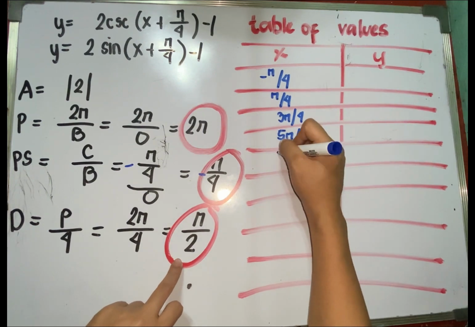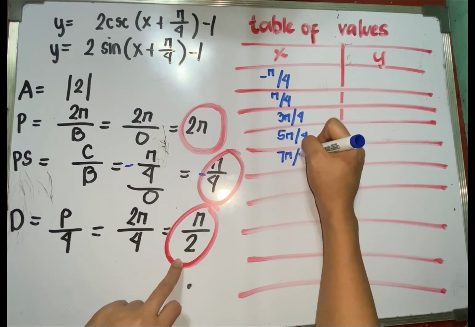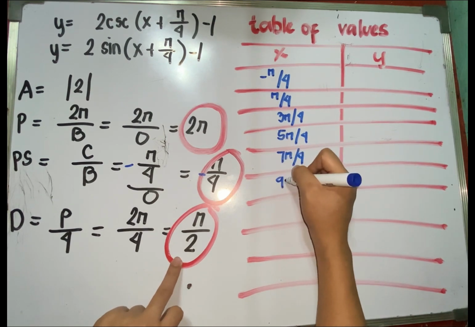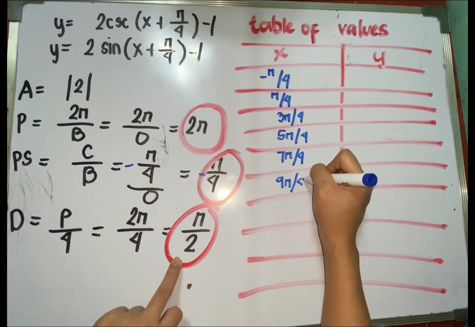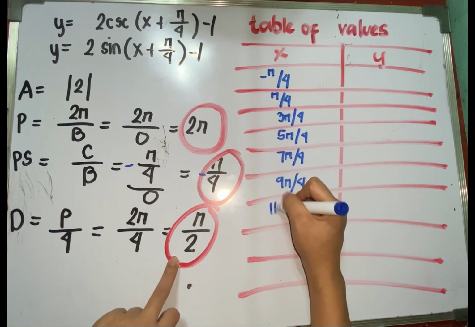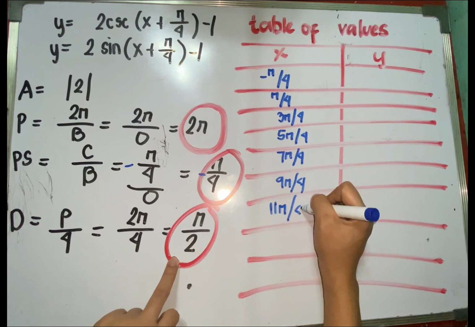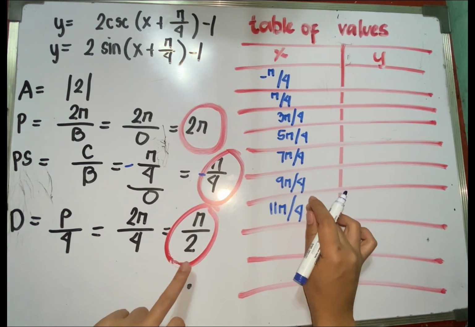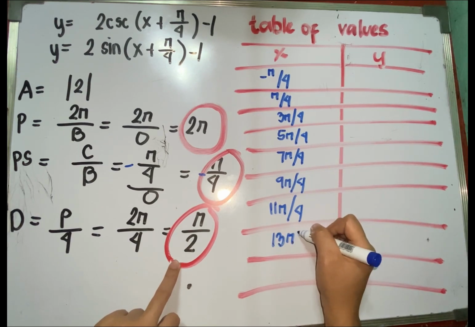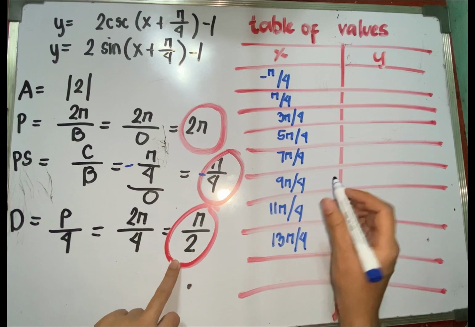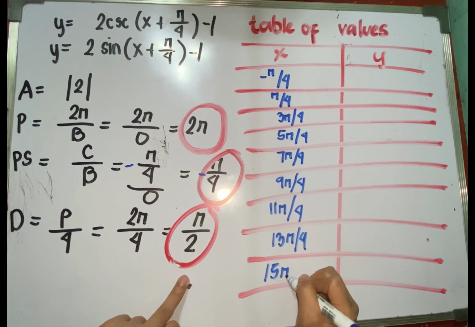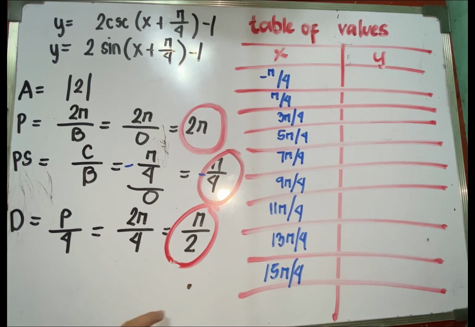Then same again, we add pi over 2, so 7 pi over 4. And it comes to 9 pi over 4. Then add again pi over 2, your distance, 11 pi over 4. Now we add again, it becomes 13 pi over 4. And lastly, for the last time, we get 15 pi over 4.